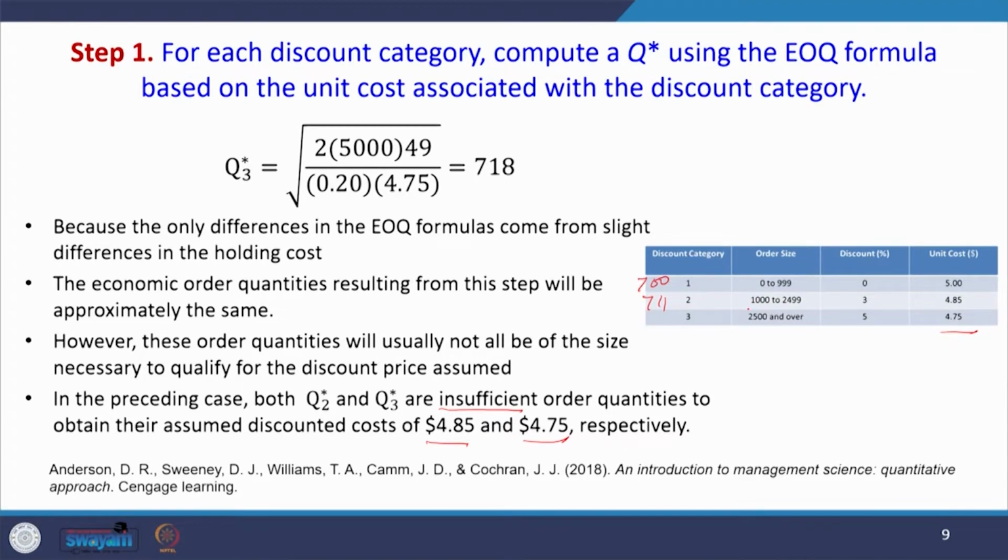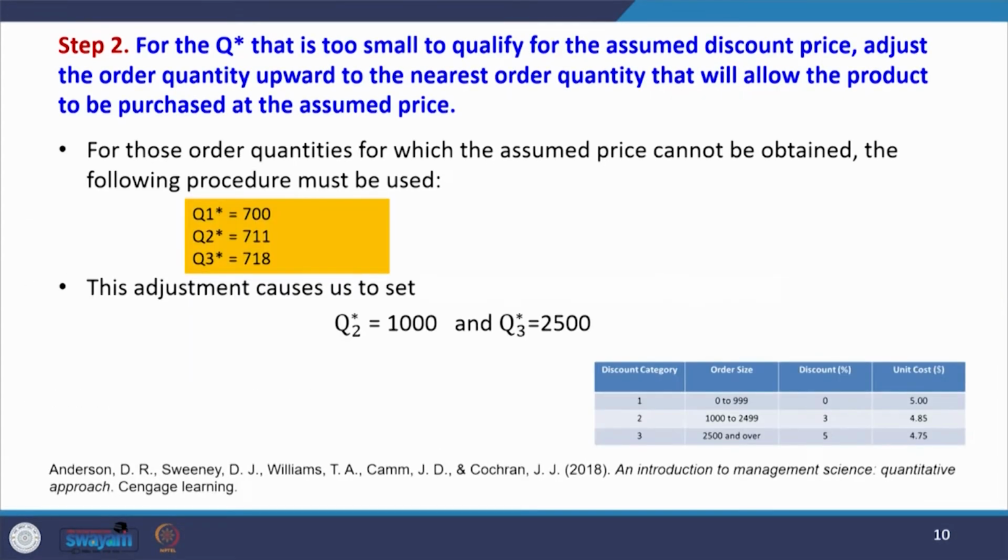For that, we have to find out what is the total annual cost. Q3 also it is 718. So, 718 also not qualifying. So, we have to find out the ordering cost of having 2500 units.